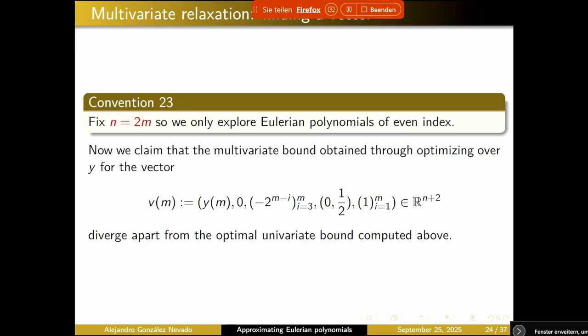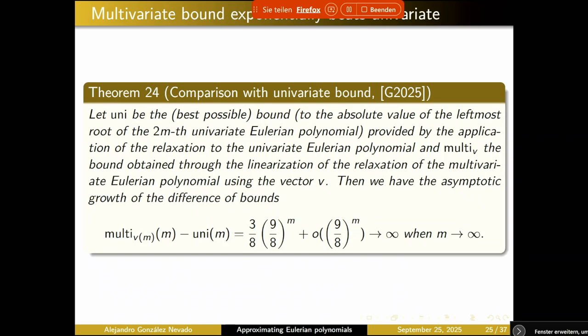And when you see that, what happens? When you apply the relaxation for the univariate real zero polynomial in one variable, you get some bound. And when you apply the relaxation for this multivariate polynomial, you compute the bound associated to this vector that the relaxation gives you, and you compute the difference.